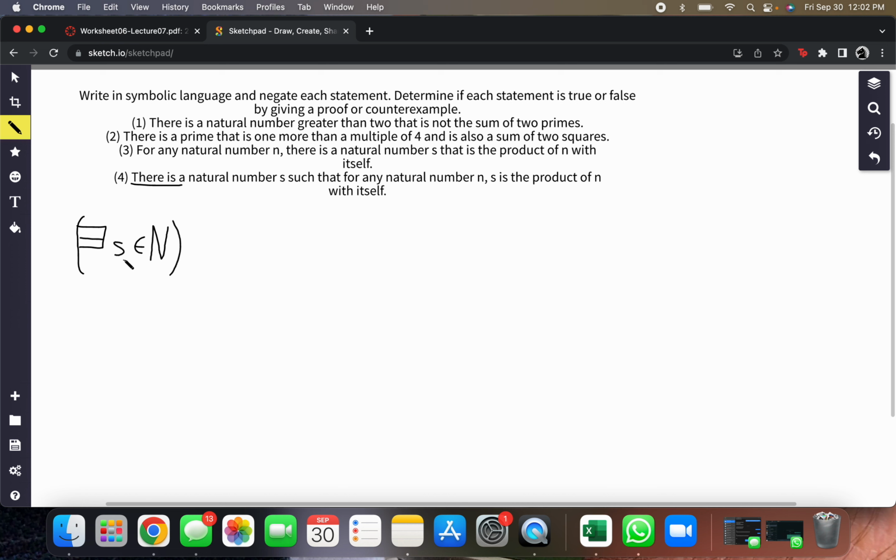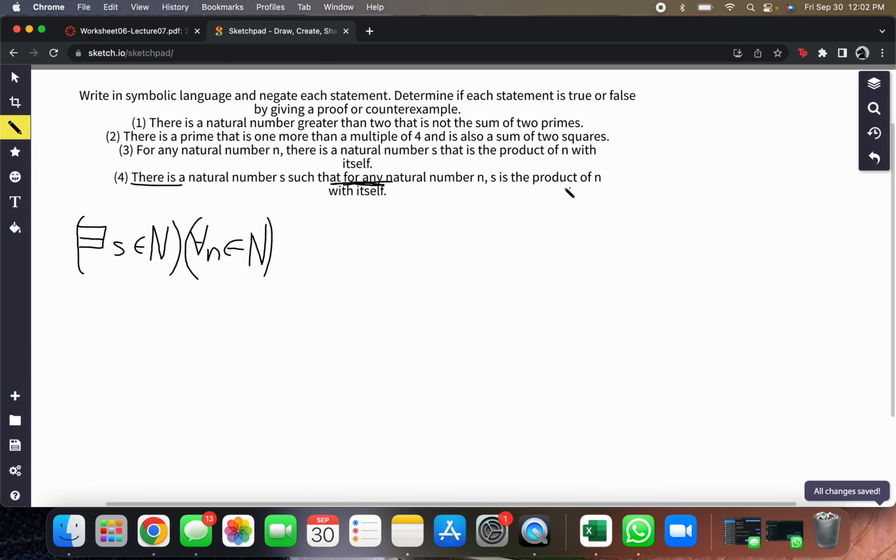There exists a natural number s such that for any, every, all, they all mean the same thing. For any natural number n, so n is a natural number. And now I'm going to guess we're going to have some sort of qualifying statement.